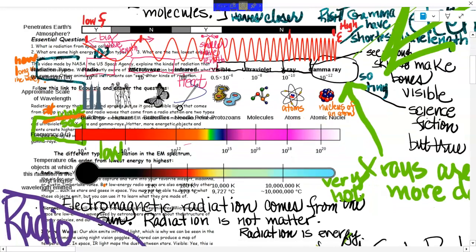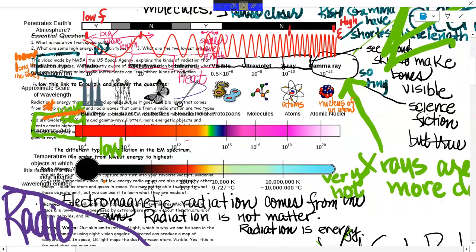This shows about what the size of the wavelengths are. Now we know that the symbol for wavelength is a Tyrannosaurus rex. It looks like a two-legged Tyrannosaurus rex. It's the Greek letter lambda, and that's the wavelength.